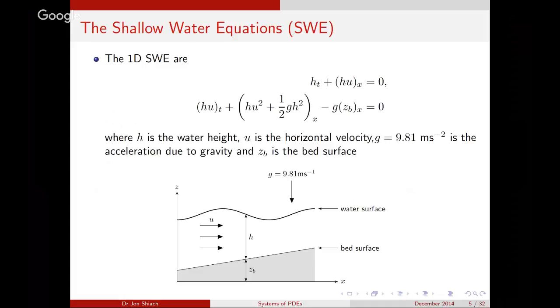The terms differentiated with respect to x are known as the flux. How does the movement change over time? And z_b is the height of the bed surface above a reference level. For our intents and purposes, we're going to ignore that and assume it's 0.